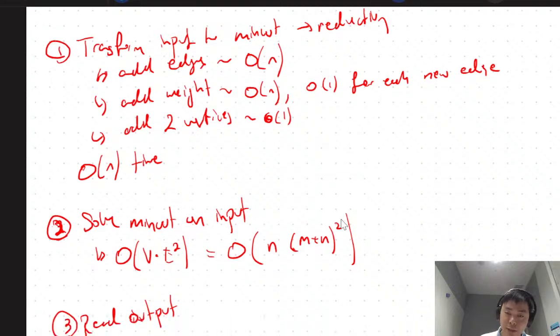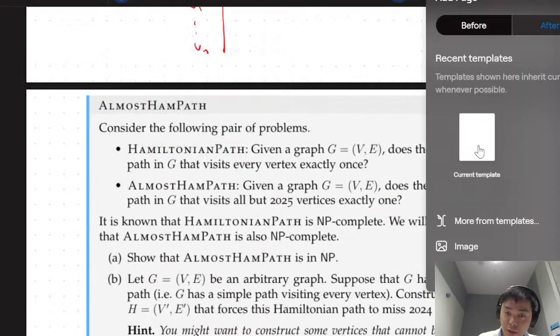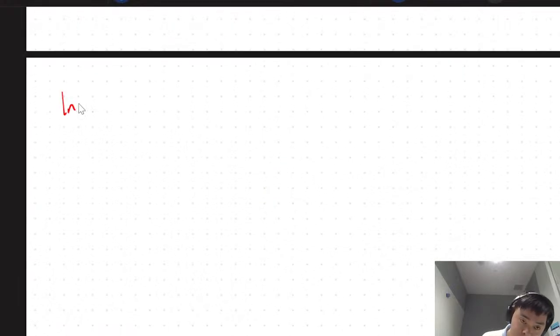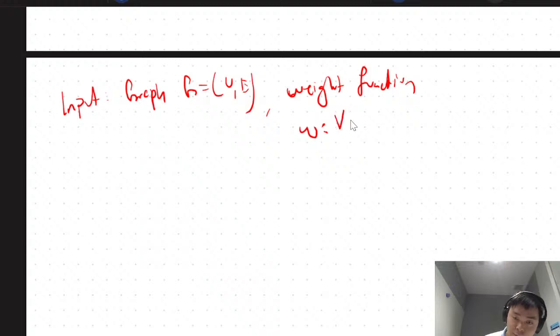Generally, whenever we talk about weighted graphs, you're actually given the following. You're given the graph structure. So the input is a graph G and a weight function W from the pair of vertices to some real number.